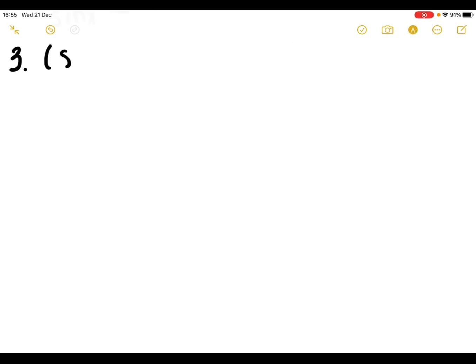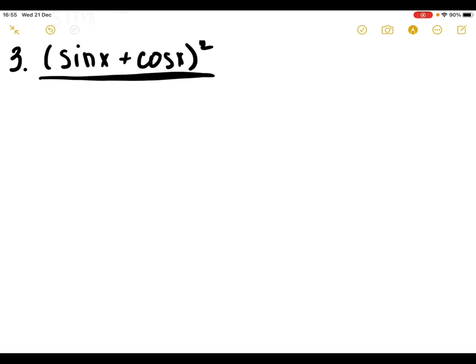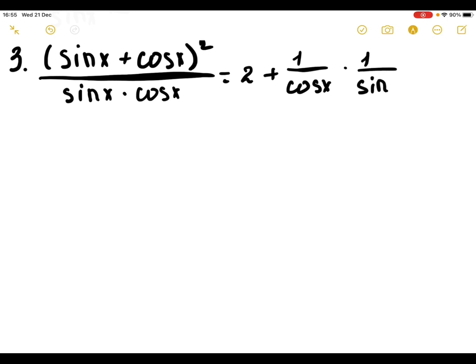And our next example, verify the identity: sine x plus cosine x squared divided by sine x multiplied by cosine x equals 2 plus 1 divided by cosine x multiplied by 1 divided by sine x. Let us begin with the left-hand side as it is more complex.